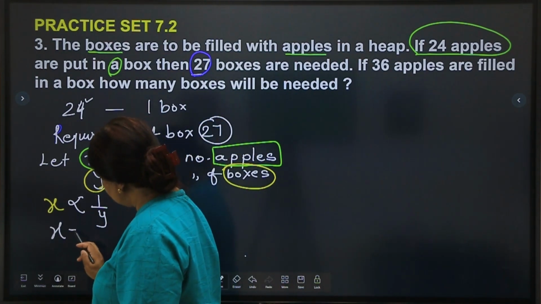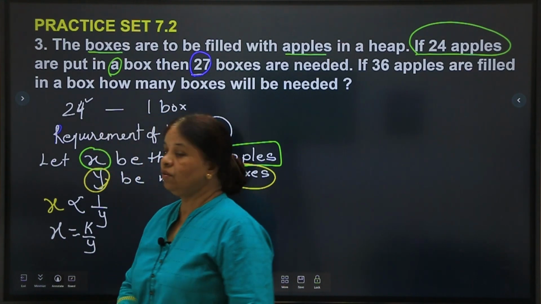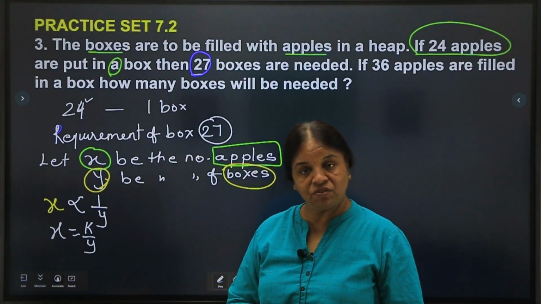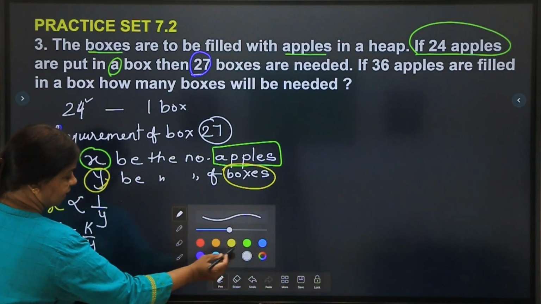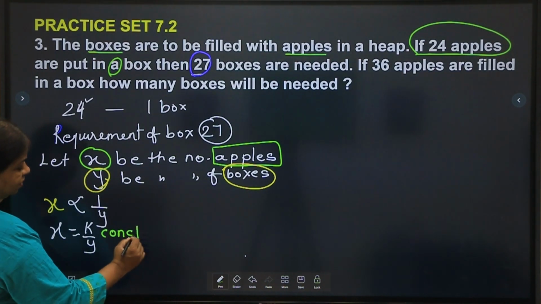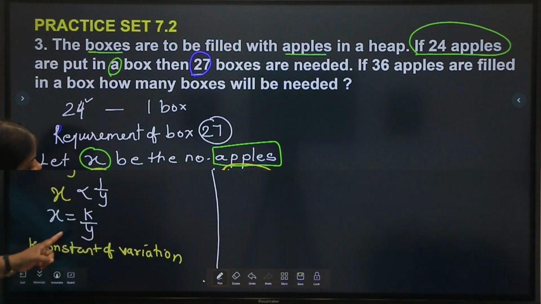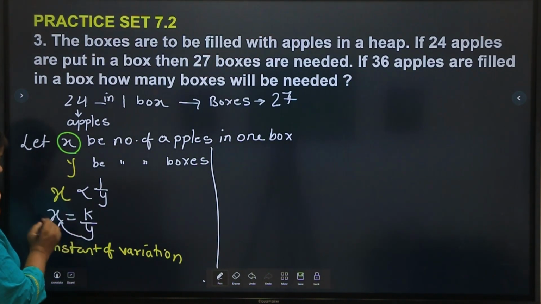x is equal to k upon y. And what is k? k is the constant of variation. y will go and multiply with x.